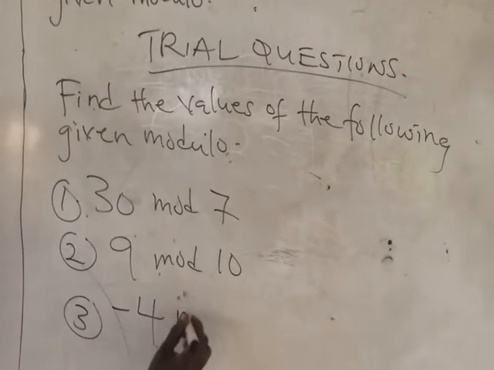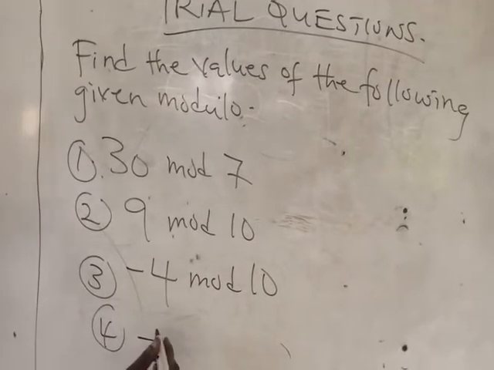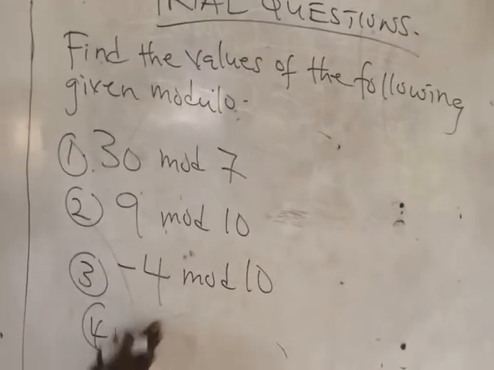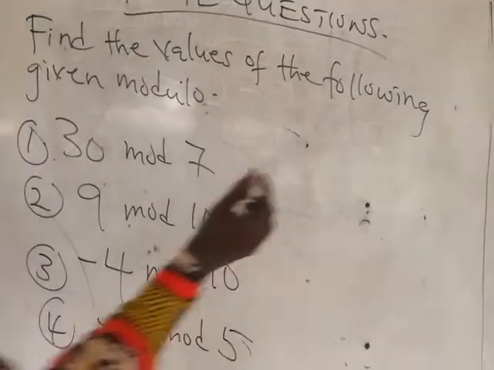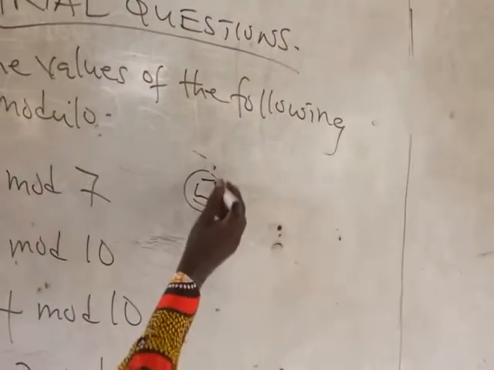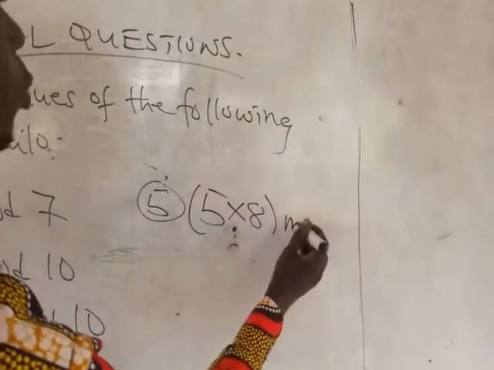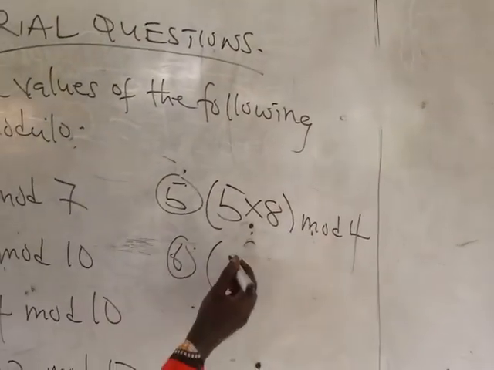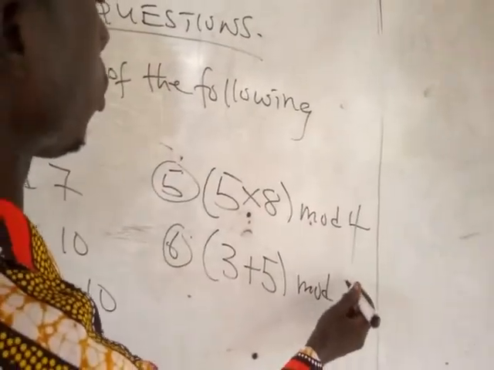Negative 4 mod 10. 4. Negative 2 mod 5. 5. 5 times 8 mod 4. 6. 3 plus 5 mod 9.